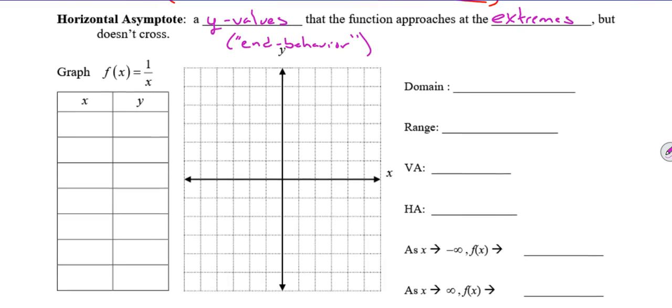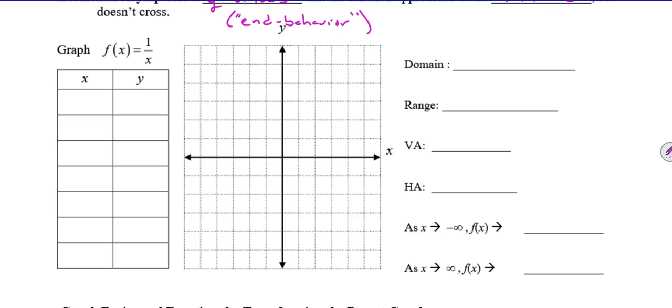So let's look here at our parent function, f of x equals 1 over x. And again, like most of the parent functions we discuss, we start off with just some basic points. So the basic x values I'm going to pick are -2, -1, -1/2, 0, 1/2, 1, and 2.